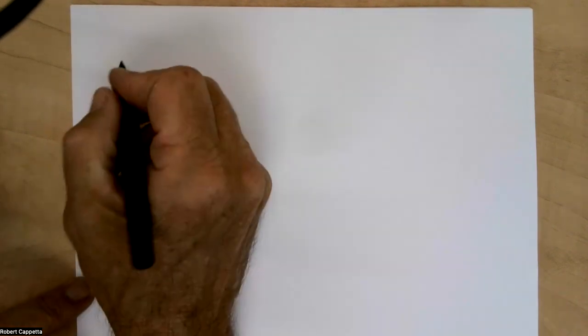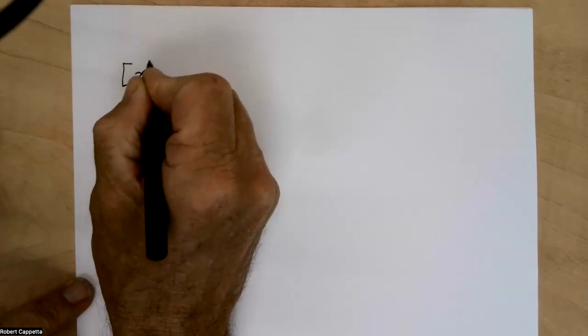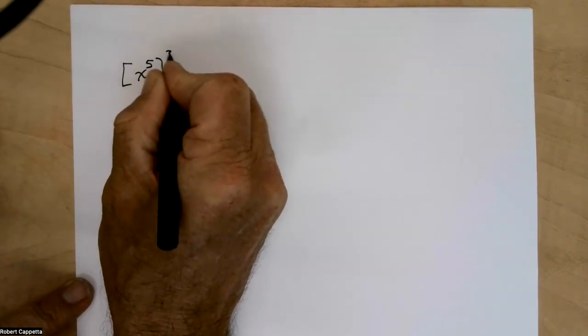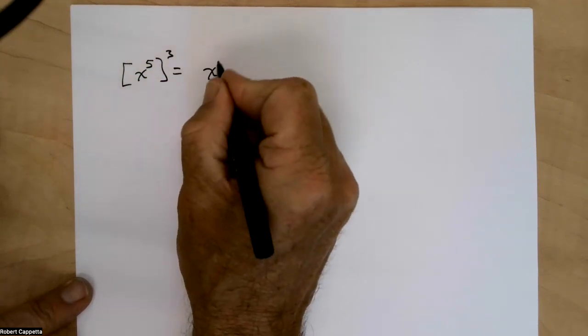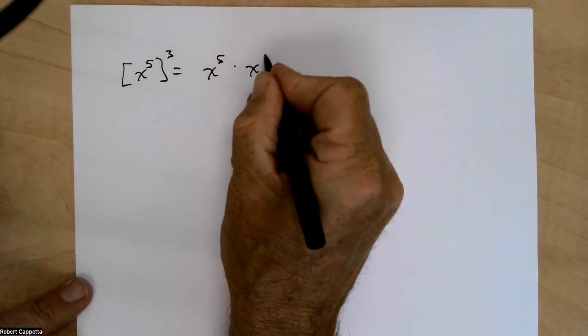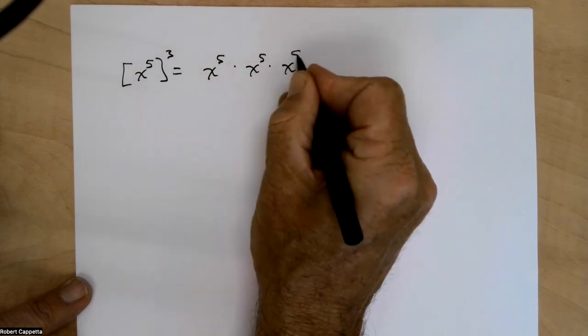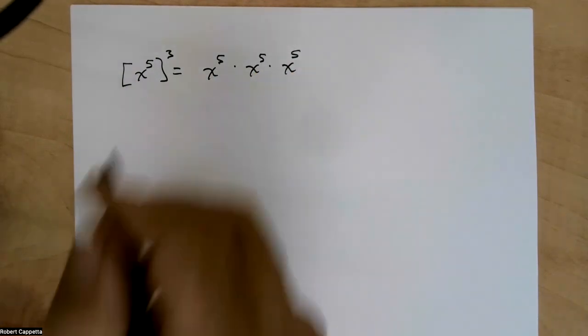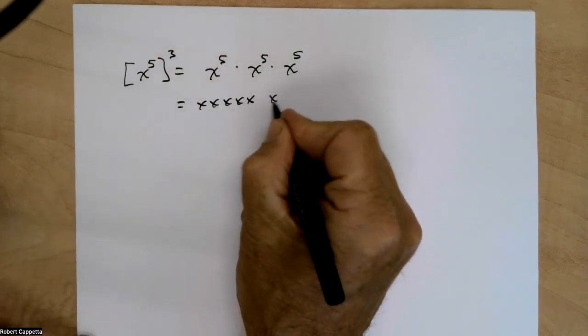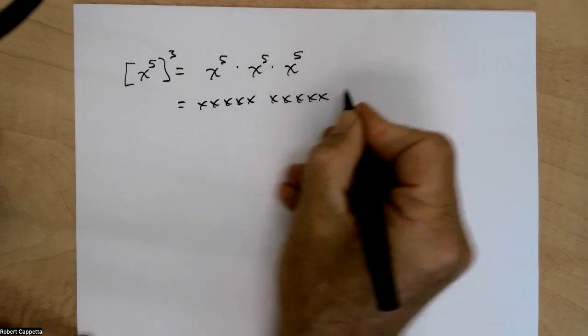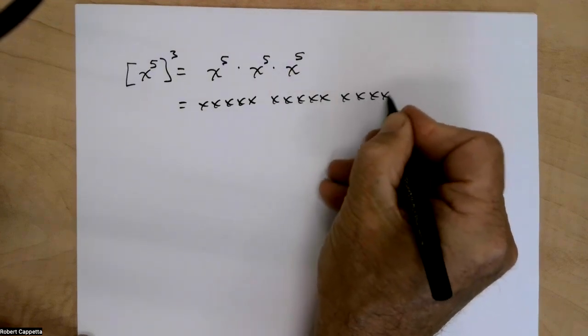Looking at another example of that, if I have x to the 5th raised to the 3rd power, that's going to mean x to the 5th written 3 times. That means x to the 5th times x to the 5th times x to the 5th, which means x, x, x, x, x times x, x, x, x, x times x, x, x, x, x.